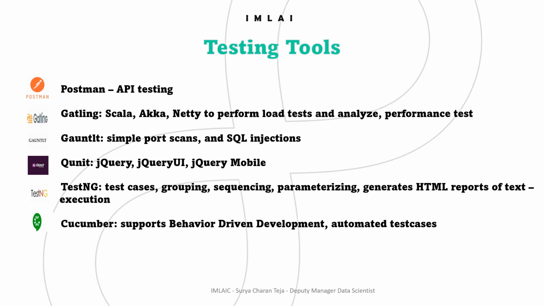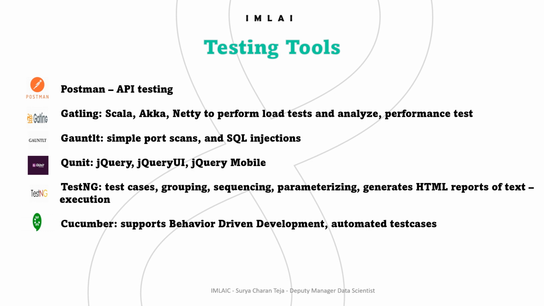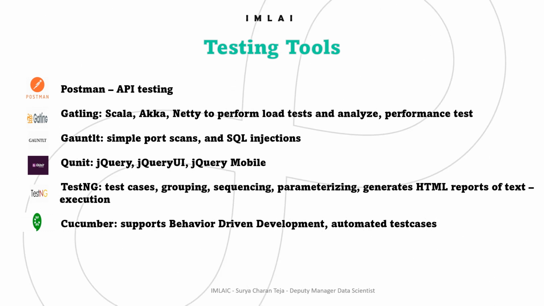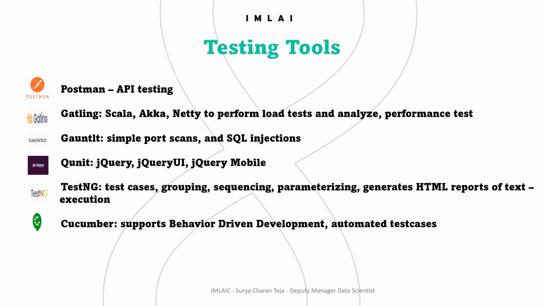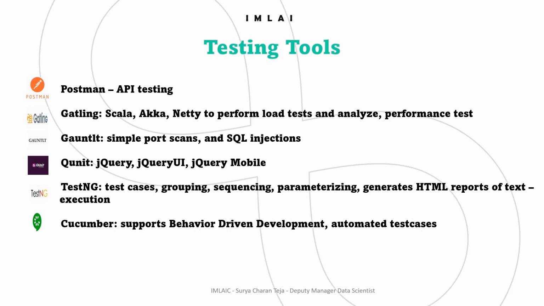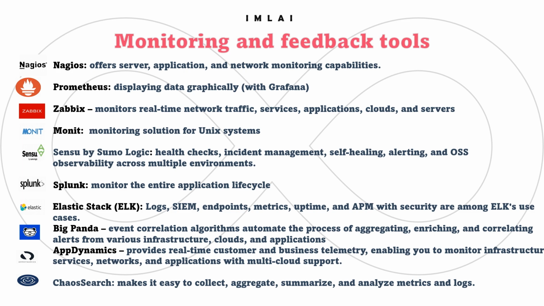It is famous for jQuery, jQuery user interface and jQuery mobile. Basically, in mobile applications, QUnit is famous. And then Cucumber and TestNG. These are the famous tools in testing to install in a testing environment.